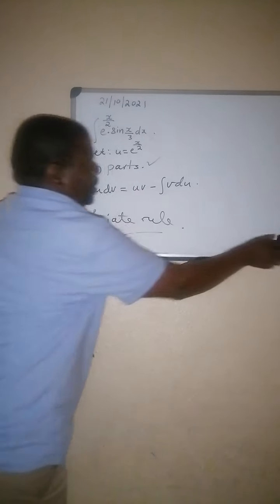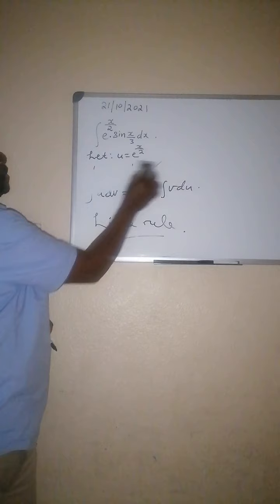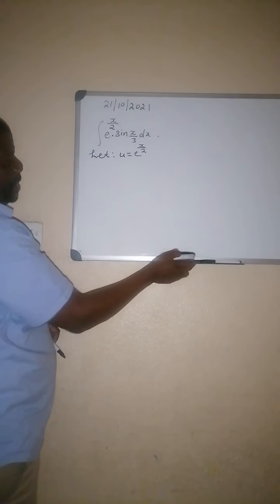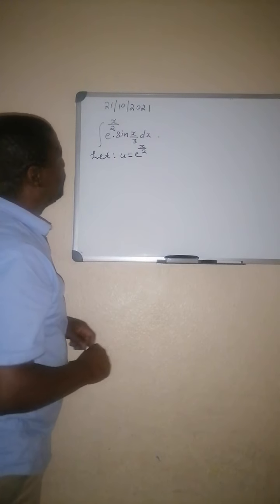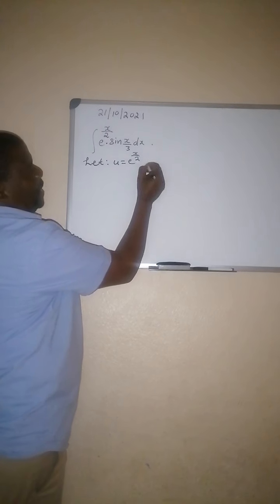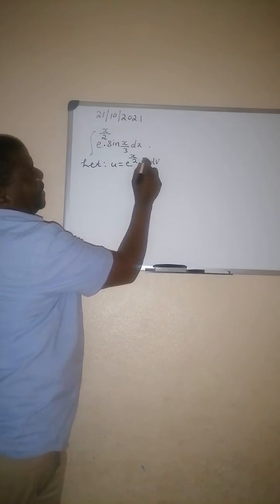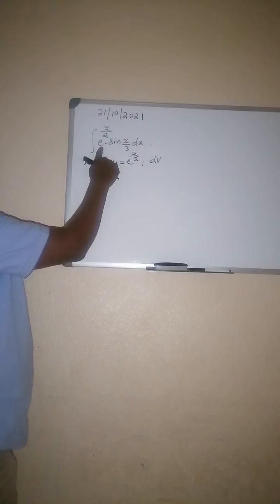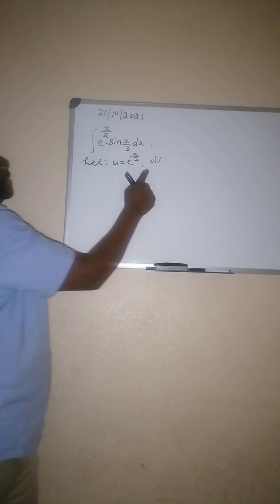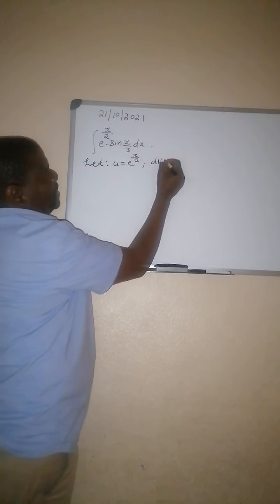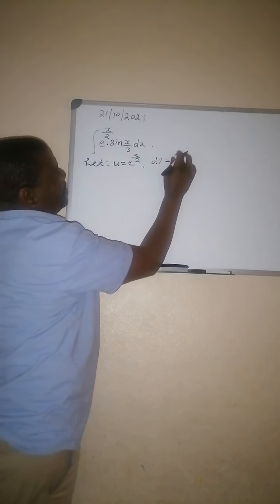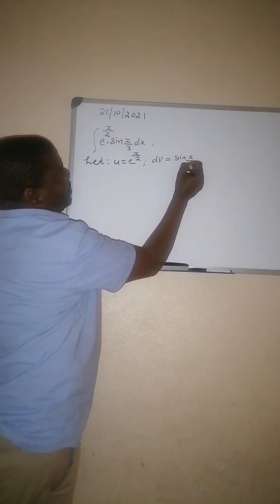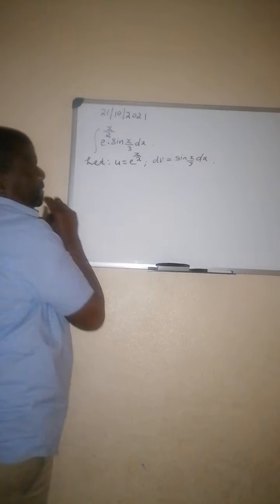If we say let u equals e to the x over 2, then the part that is left after saying let this be u is the dv. The dv will then be the sine of x over 3 dx.